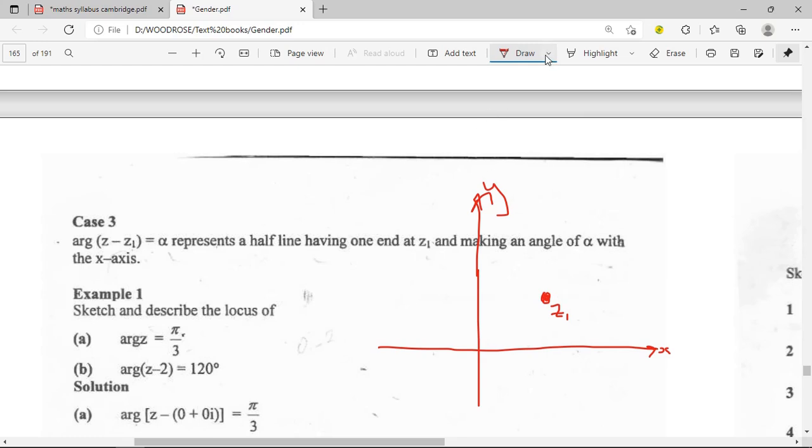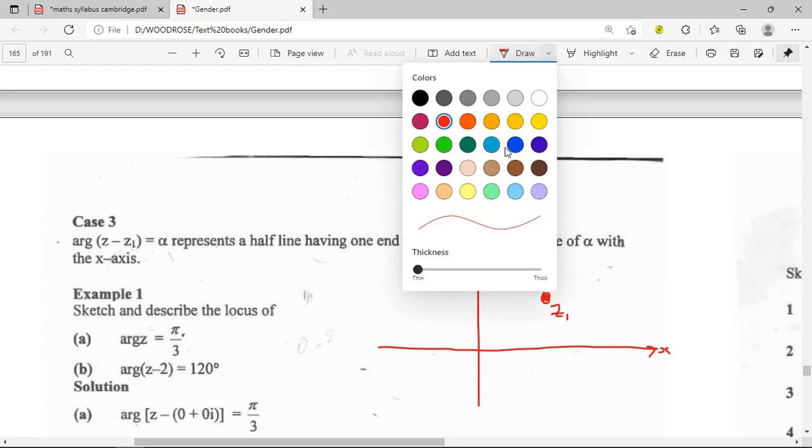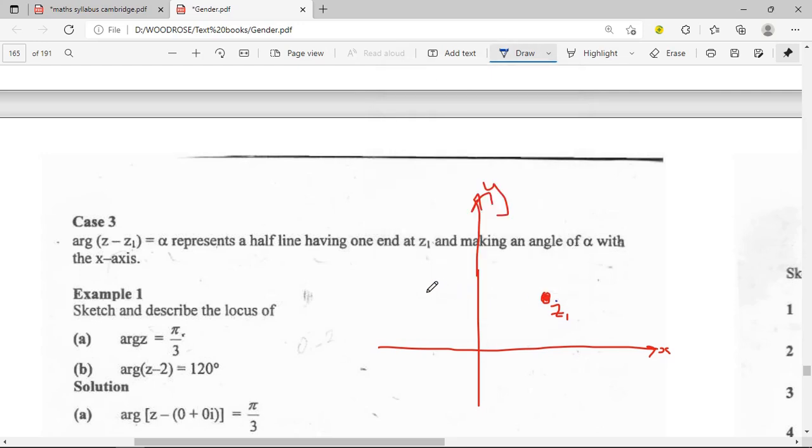Then how do we draw that line? So at Z1, what you simply do, you sketch a dotted line, the horizontal level at Z1. Just indicate the horizontal level at Z1, but use a faint line or a dotted line.